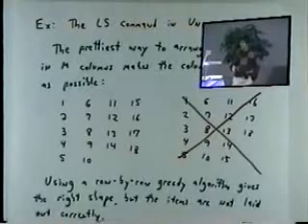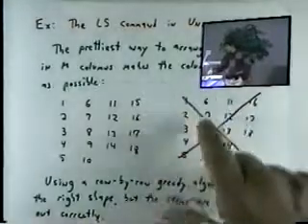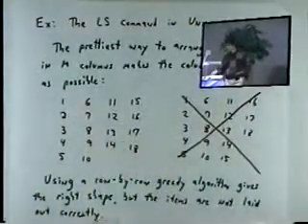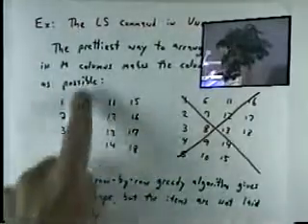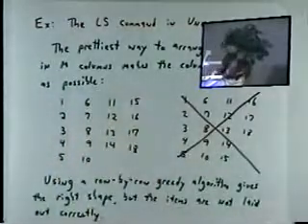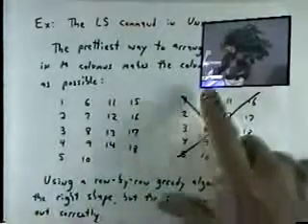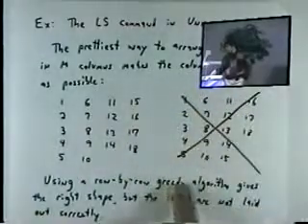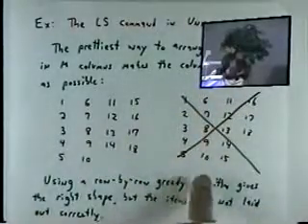Okay? One possibility would be, since you want to leave the things in sorted order, you want to count down and be able to scan down a column like this. One possibility is you list them in order like this.